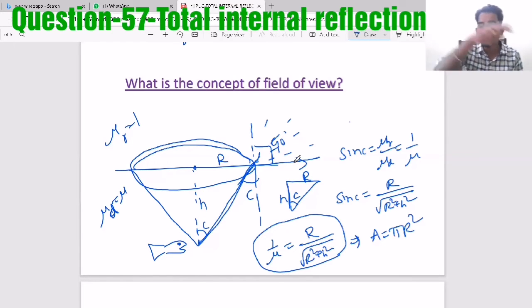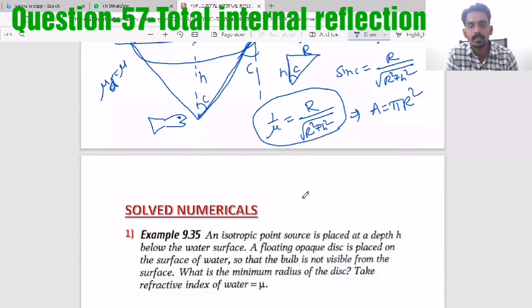So what circular surface area on top of the water surface should you cover so that no light will emerge? In that case they will ask the radius or area of the circular disc with which we can cover it so that no light will emerge out of the water.